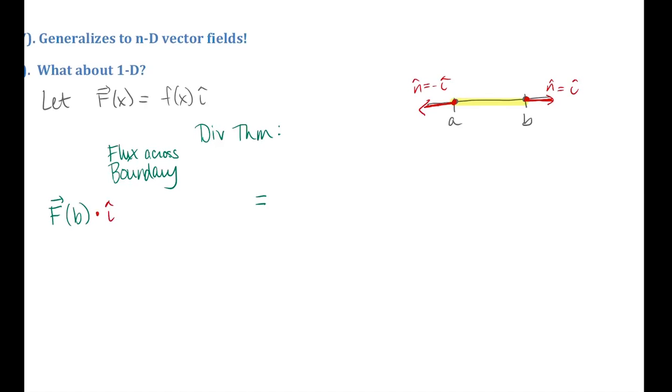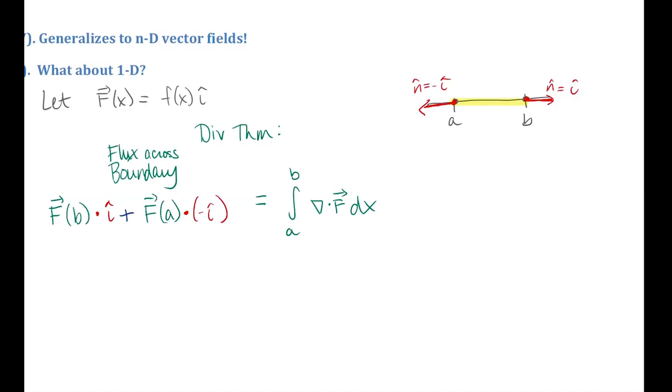And then I'm adding, because I want to find the total flux across the boundary, so I want to add the flux that I would get here at a, dotted with negative i. And that needs to equal, now if I go down to one dimension, I'm not going to be doing a triple or a double integral, I'll be doing a single integral of the divergence everywhere on the interior of the region. So this would be the single integral from a to b.